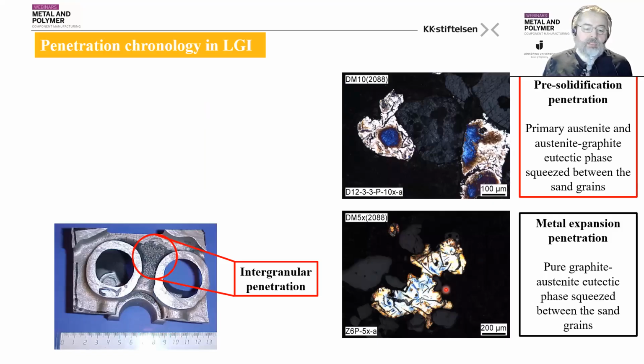Talking about the intergranular penetration, even here we can observe different morphologies.